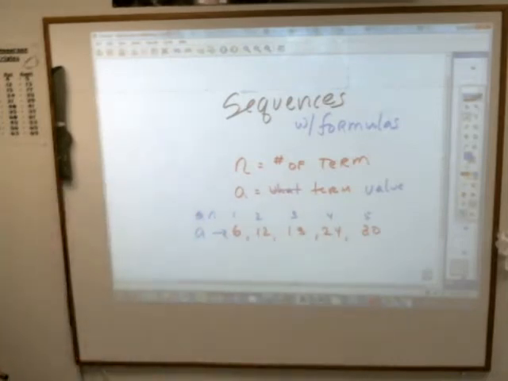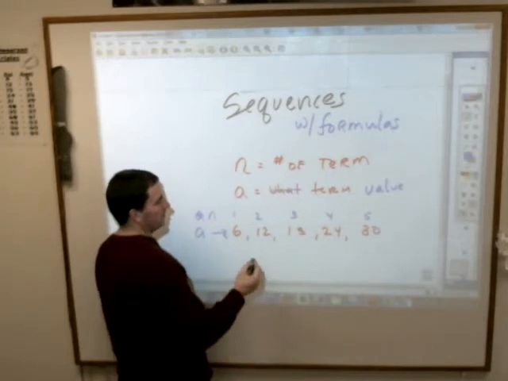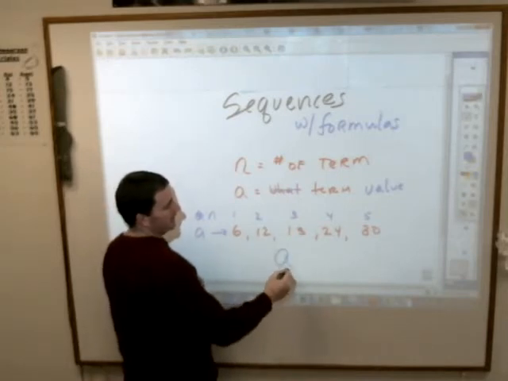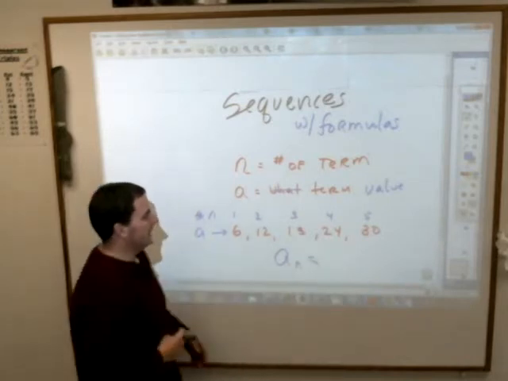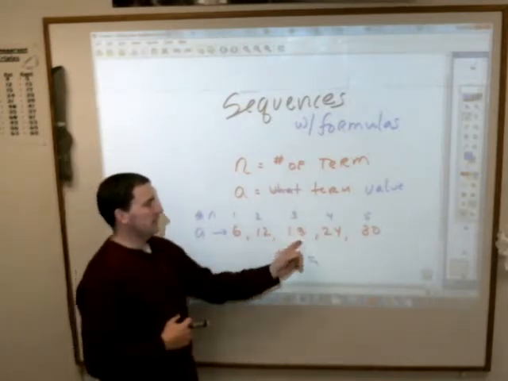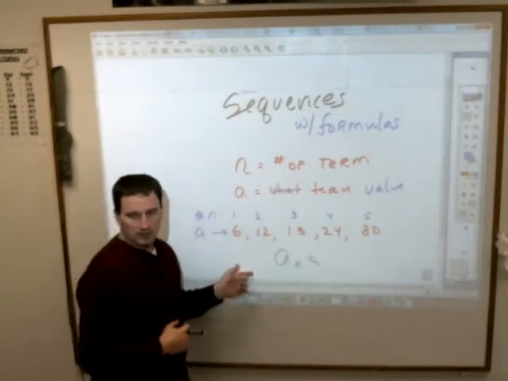Okay, and if I were writing a formula for this thing, first term, second term, what would it be? Well, a sub any term would equal, what do I have to do to the letter n always to get the value down here? What am I doing every time?